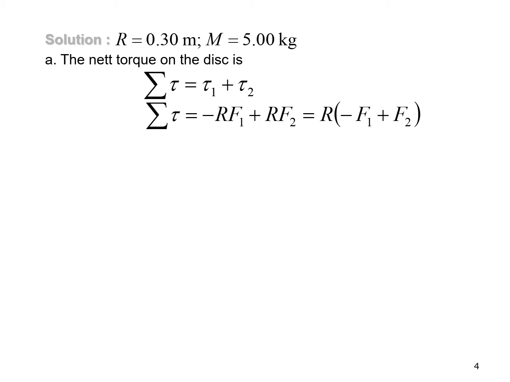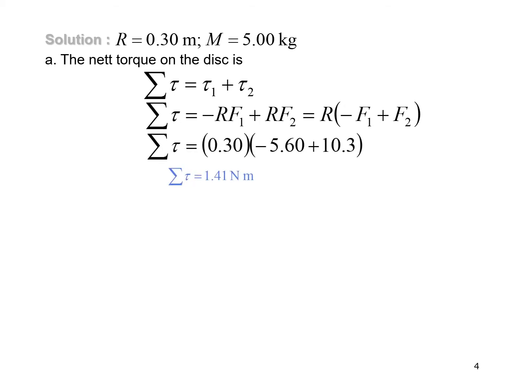And F2 will produce rotation in anti-clockwise direction, that means you will have positive torque. Calculating the total value you will end up with 1.41 Newton meter.